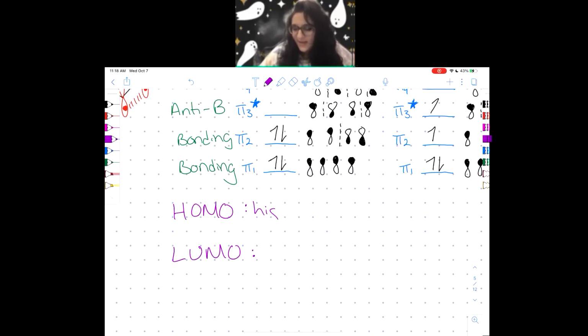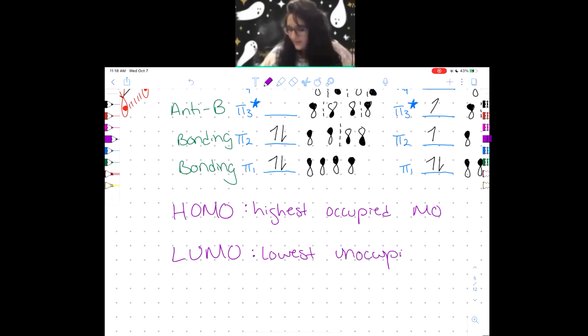Yes, so it's the highest occupied orbital, and the LUMO is the lowest unoccupied. Exactly. Sorry, I stopped writing halfway through the word. I was reading the chat. Exactly. So the HOMO is going to be the highest energy level that has an electron, and the LUMO is going to be the lowest one that is empty.